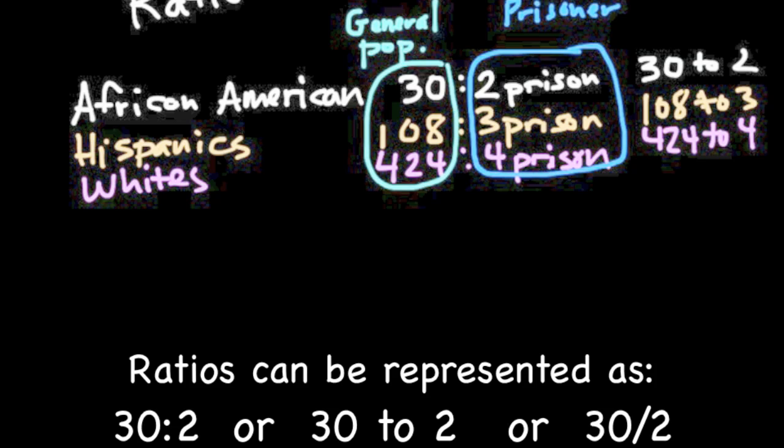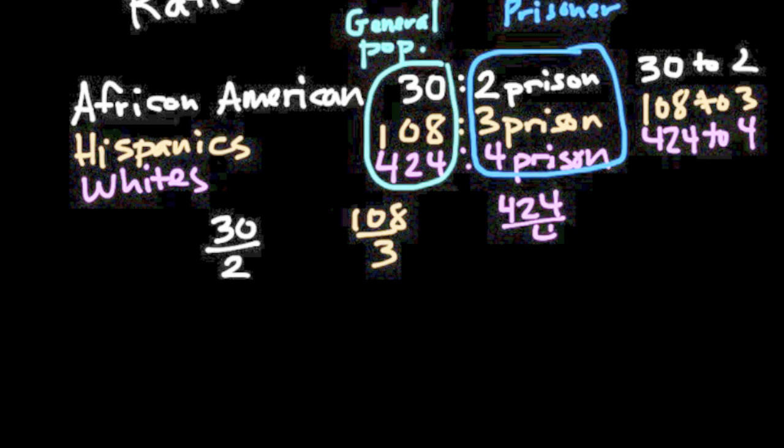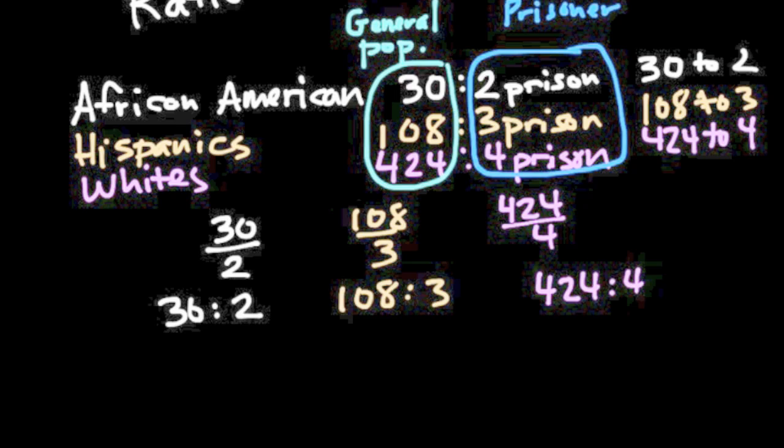We could write the African American ratio as 30 to 2, Hispanics as 108 to 3, and whites as 424 to 4. To get a clear look at these, we're going to actually reduce these fractions.